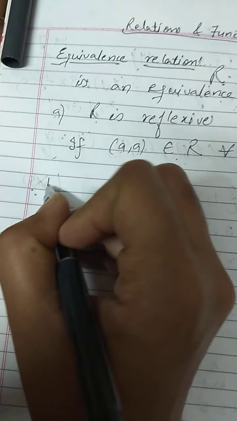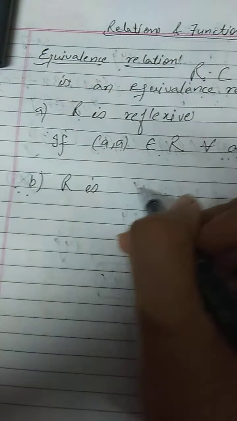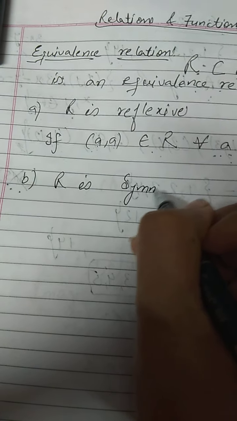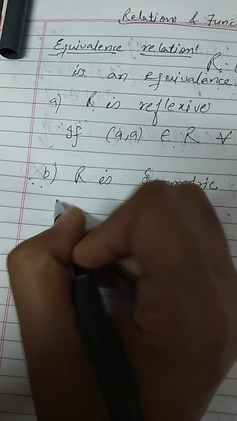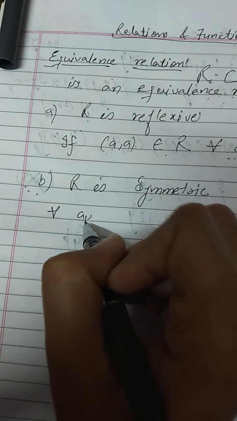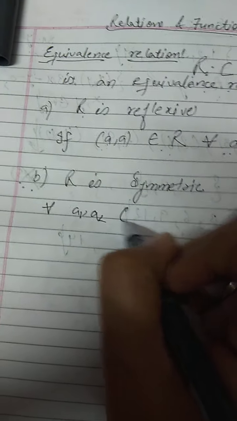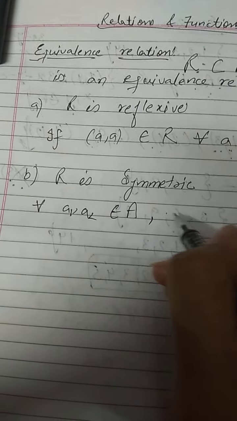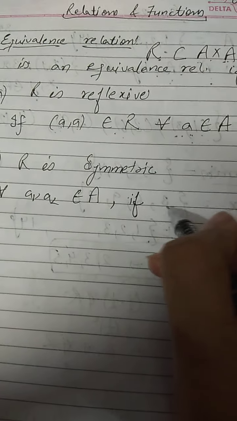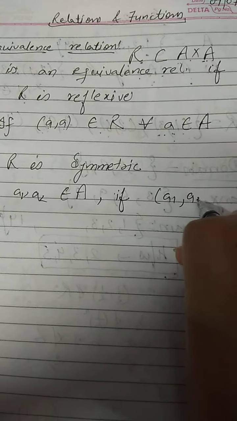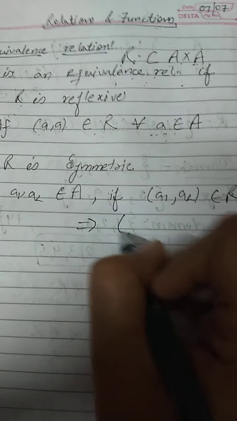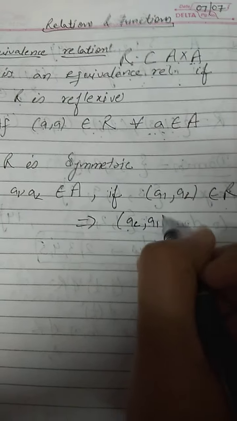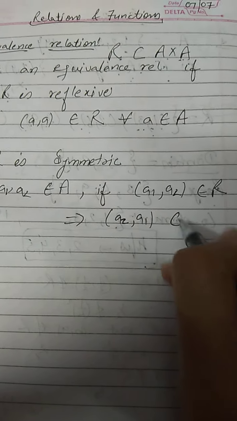And second, R is symmetric. R is symmetric means for all A1 and A2 belonging to set A, if (A1, A2) belongs to R, then it implies (A2, A1) also belongs to R. What does it mean?